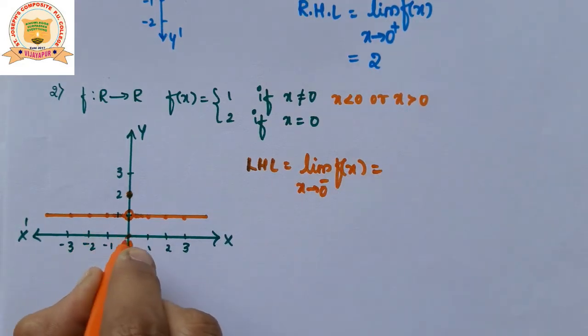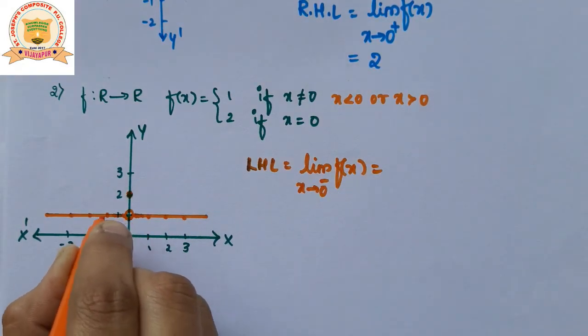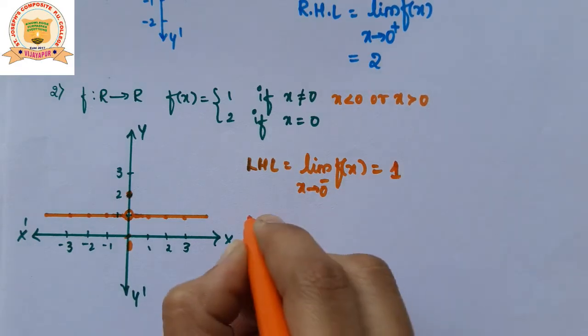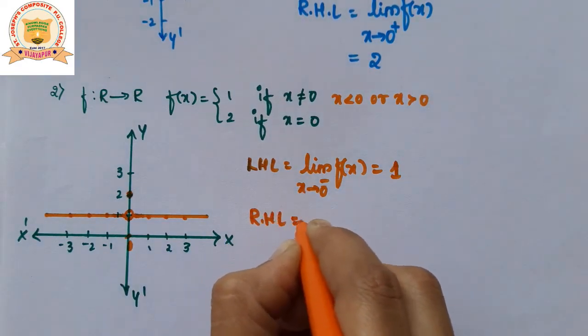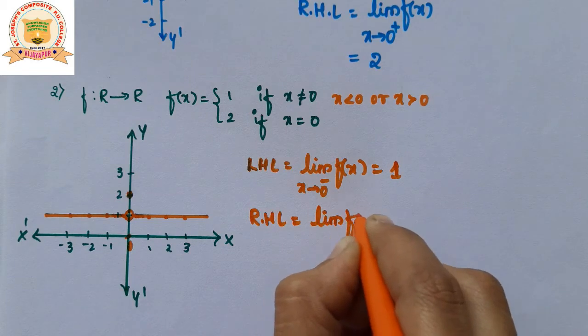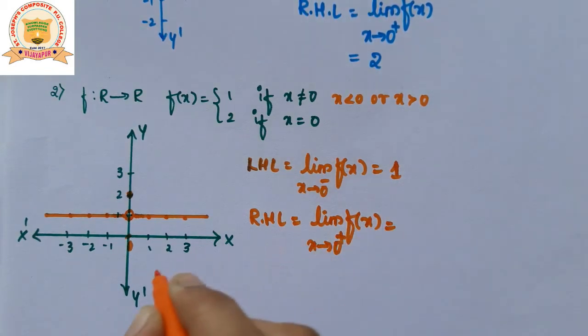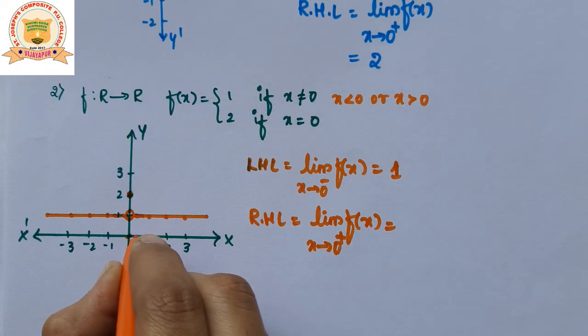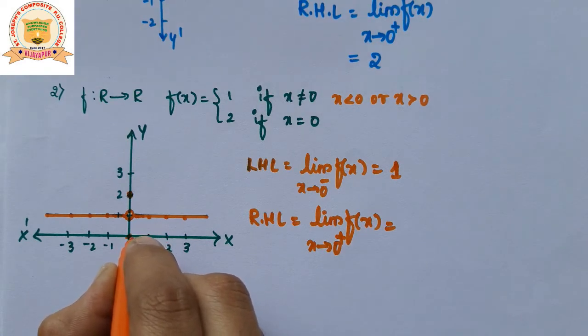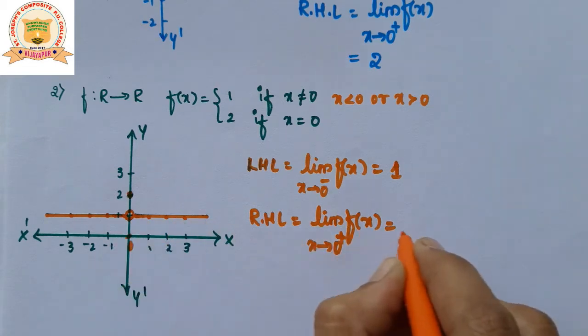For left of the origin and very close to origin, the value of the function is 1. And right hand limit of f of x as x tends to 0 plus, nothing but very near to 0 and right hand side of the 0, positive side of the 0, you will get the value of the function as 1.